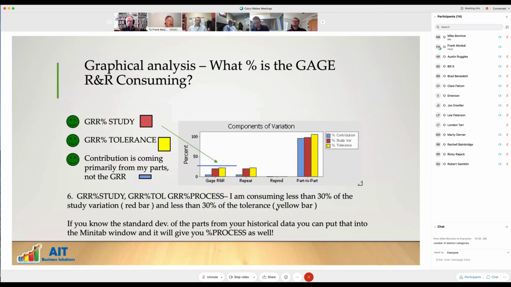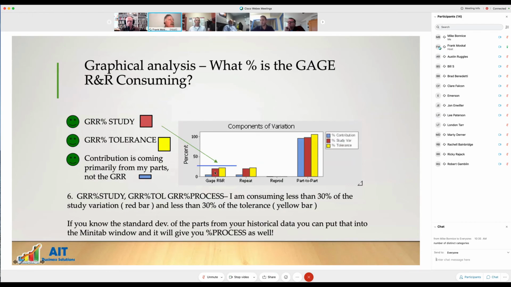And finally, going back to closing the loop on where we started off, talking about why we make measurements, I probably want to answer the question of, okay, how much variation, the gauge R&R percent of study, how much variation in my data am I getting from my measurement system?